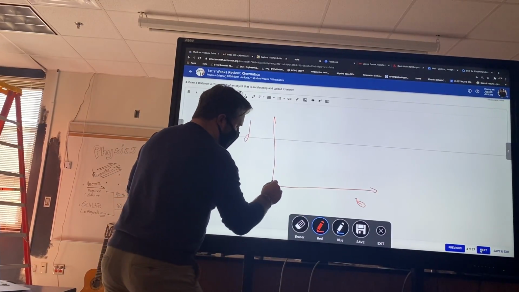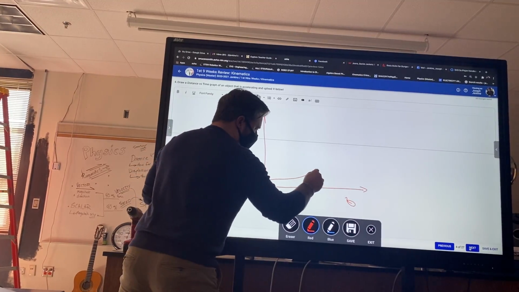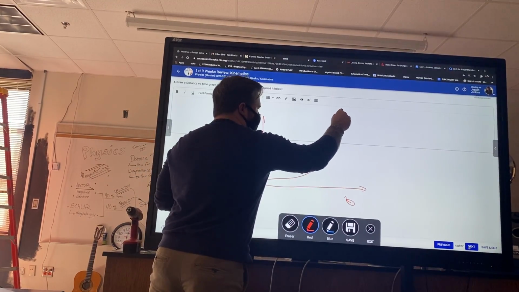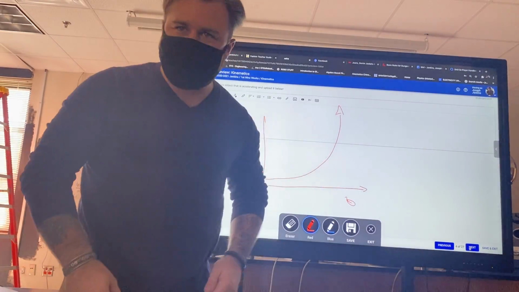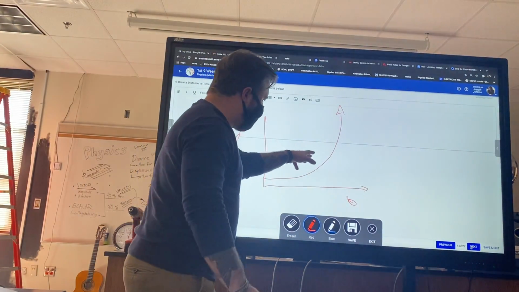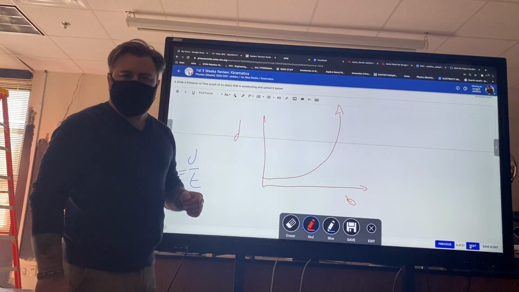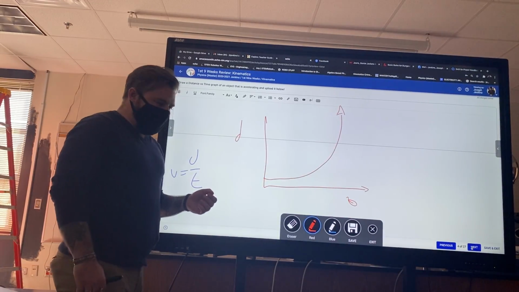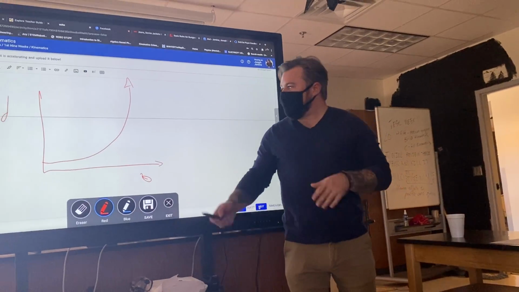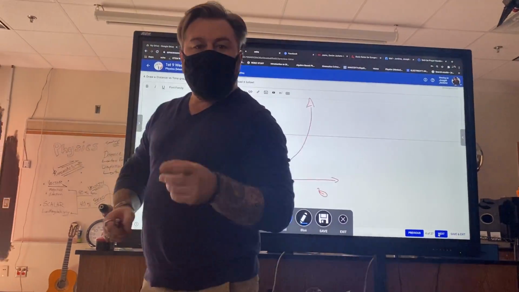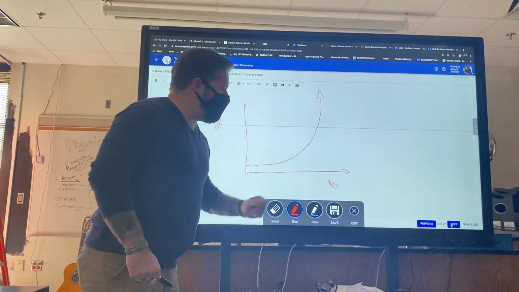Time, distance, start slow, get faster and faster and faster. This shows acceleration. I cover more and more distance with each second that goes by. I'll start slow, and then I'll get faster and faster. That is acceleration on a distance versus time graph.